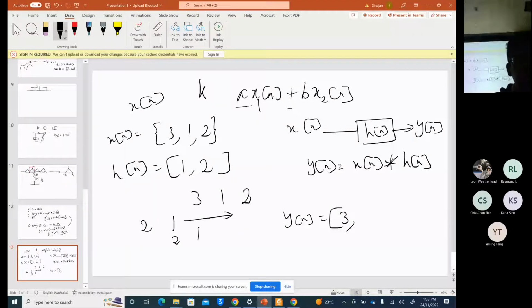Then this 1 comes here, 2 comes here. So 1 into 1, 1, 3 into 2, 6, 6 plus 1, 7. Then this moves, 1, 2. So now it is 2 plus 2, 4. Then it moves here, 2, 1. So 2 into 2, 4.